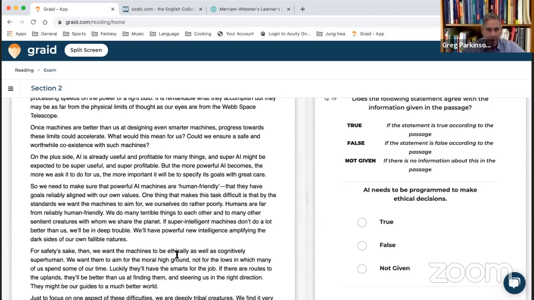Okay, when I read here though, I can't see anything about programming. So that's okay. What I do, when I find the keyword, I read it. For safety's sake then, we want the machines to be ethically as well as cognitively superhuman.